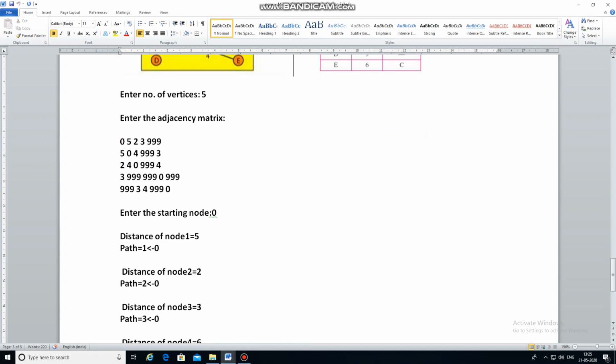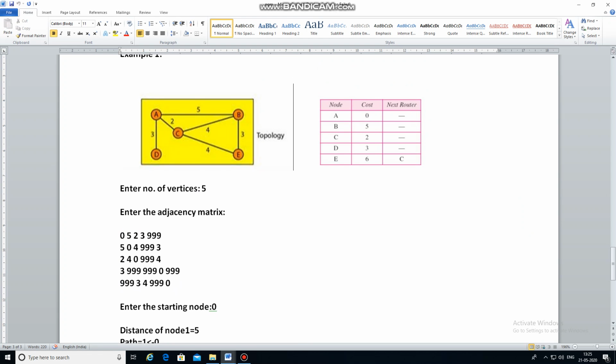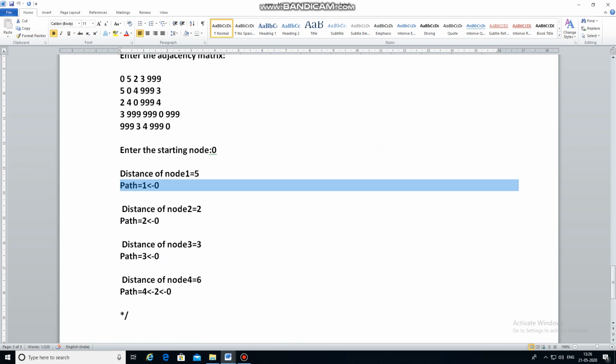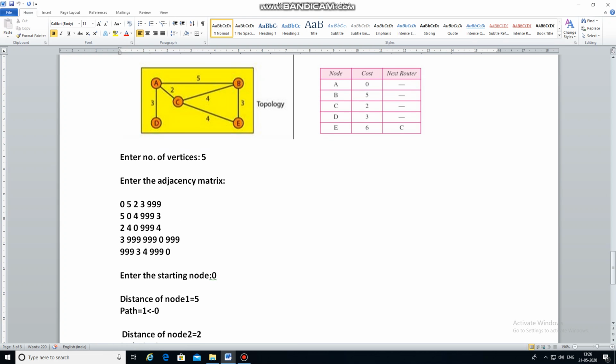Now the path from A to node 1, which is B, right? There is a direct path, and the value of this path is 5, right? So the path is given from A to B, that is 0 to 1, it is direct. Similarly for node 2, node 3, and node 4, that is E, right?